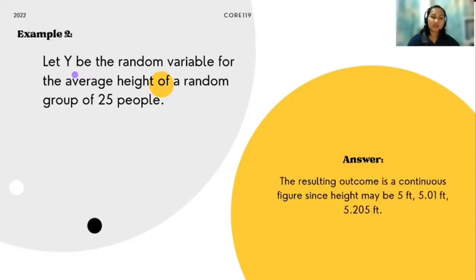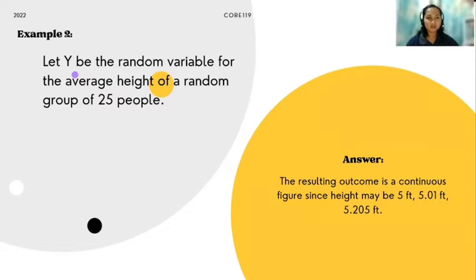So the resulting outcome is a continuous figure, since height may be 5 feet, 5.01 feet, or again 5.205 feet. There are a lot of values that this situation may take.